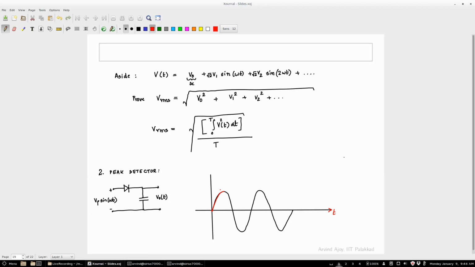If the diode conducts, what will happen to the voltage of the capacitor? It will increase. And if it's an ideal diode, what will this voltage be? It will be exactly what the input is, right? Because there's no drop across the diode. So essentially, what happened? You will go like this. Okay, now what happens after this?